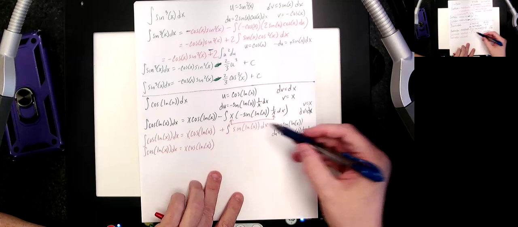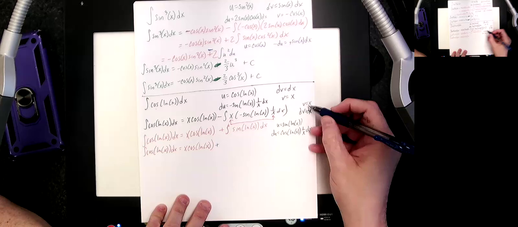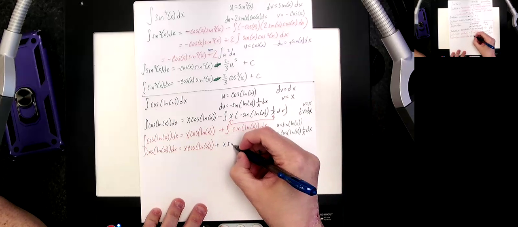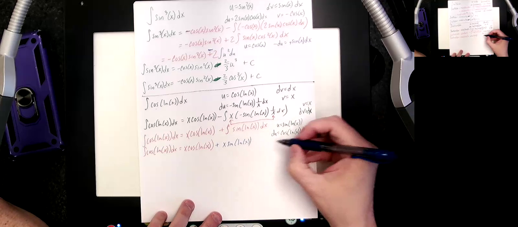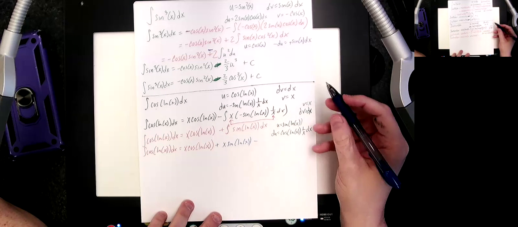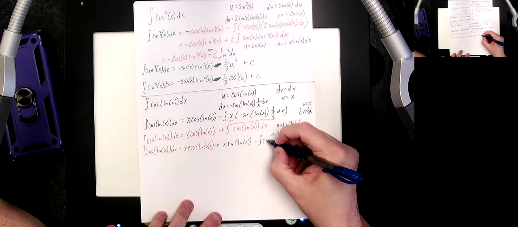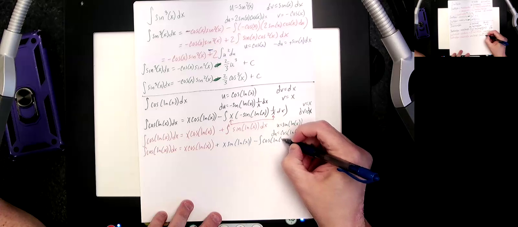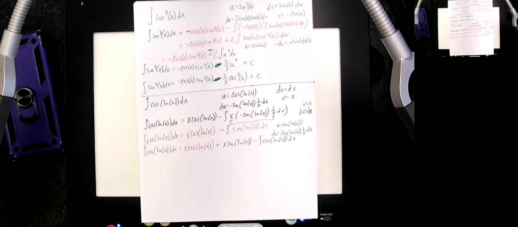And thankfully, there's no minus to distribute, so I can just put it in without parentheses. uv is x sine natural log of x minus the integral of v du. You're going to see we get our cosine natural log of x again, because the x and 1 over x are going to cancel.